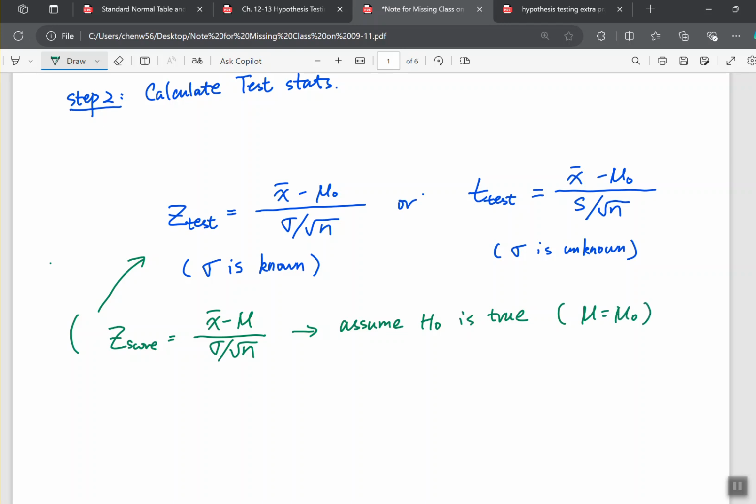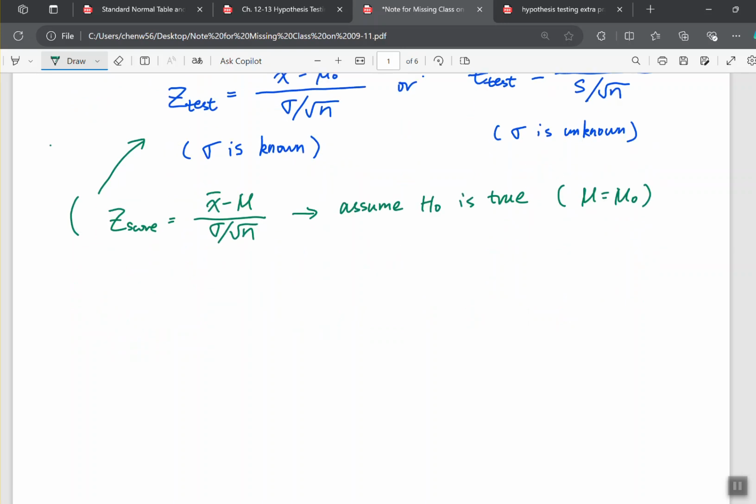All right, so when we assume the null hypothesis is true, we can replace mu by mu 0, so that I can know every value in this formula. Then based on this z, we can find the corresponding probability. And actually this probability is how large a chance the null hypothesis can be true.